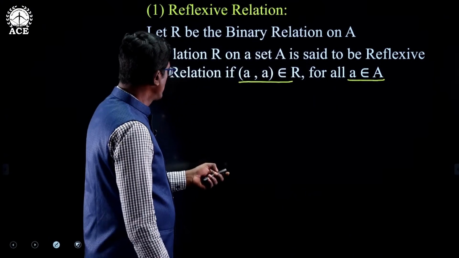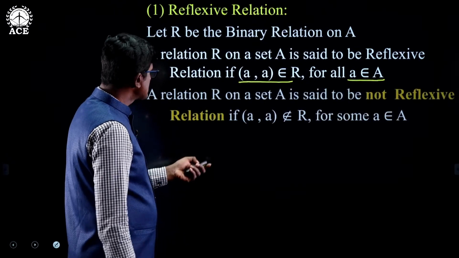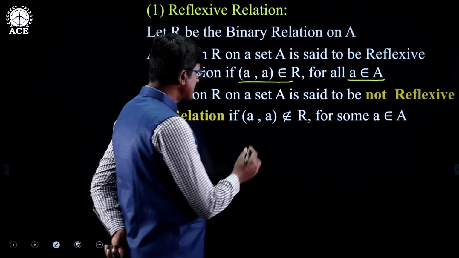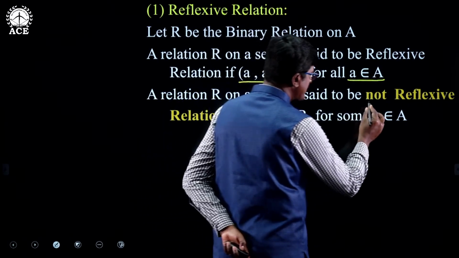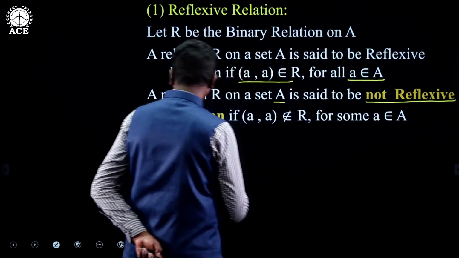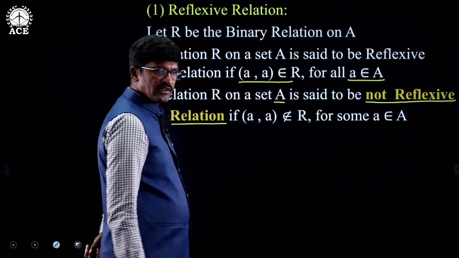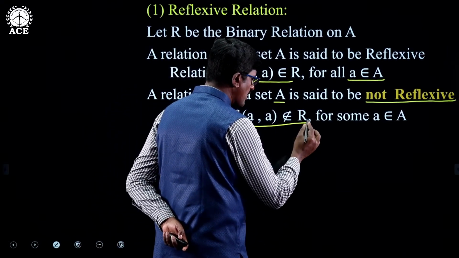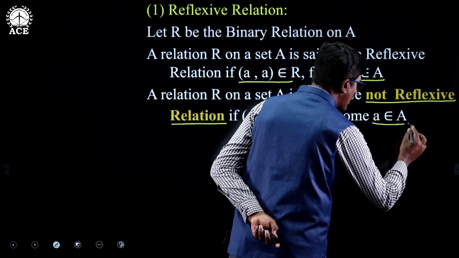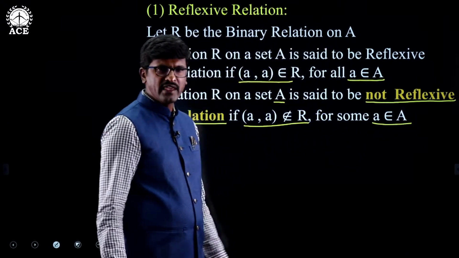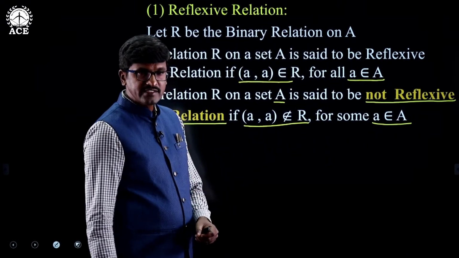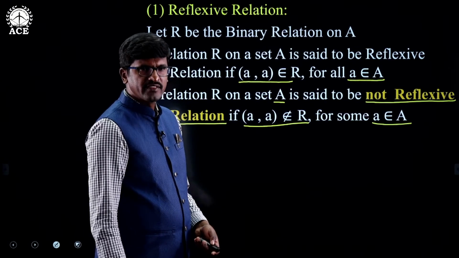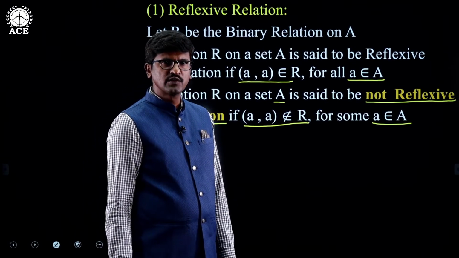Next, a relation R on set A is said to be not reflexive if (a, a) does not belong to R for some a belongs to A. If for some a belongs to A, there is no mapping to itself, then it is called not reflexive relation.